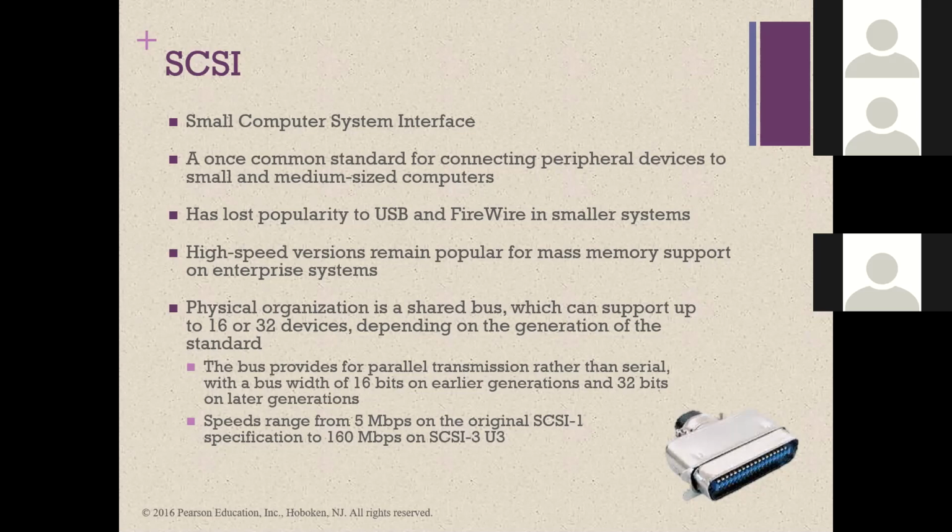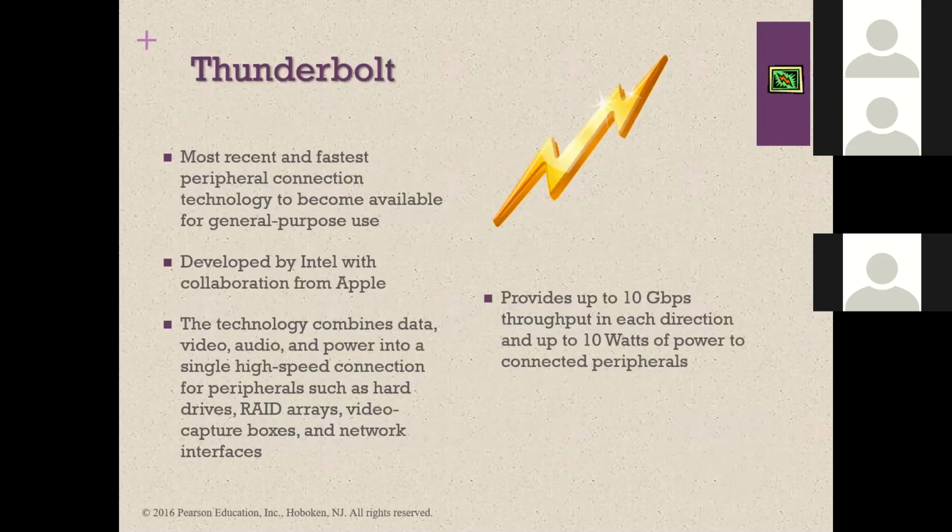Okay. Then we have Thunderbolt. Thunderbolt is one of the most recent and one of the fastest peripheral connection technologies that has been available for general purpose use. It was developed by Intel in collaboration with Apple. So one Thunderbolt cable can manage the work previously required by multiple cables.